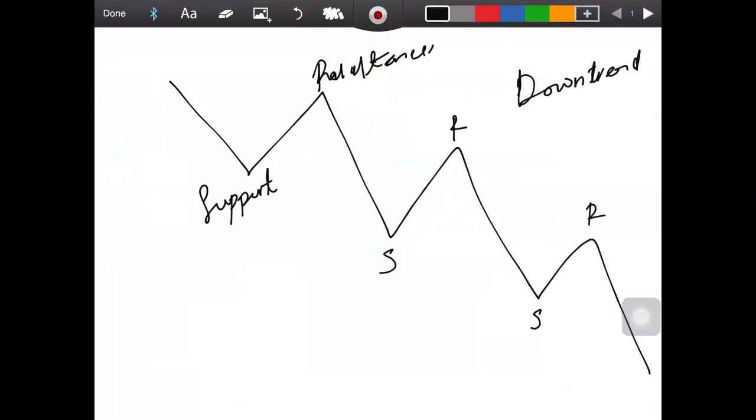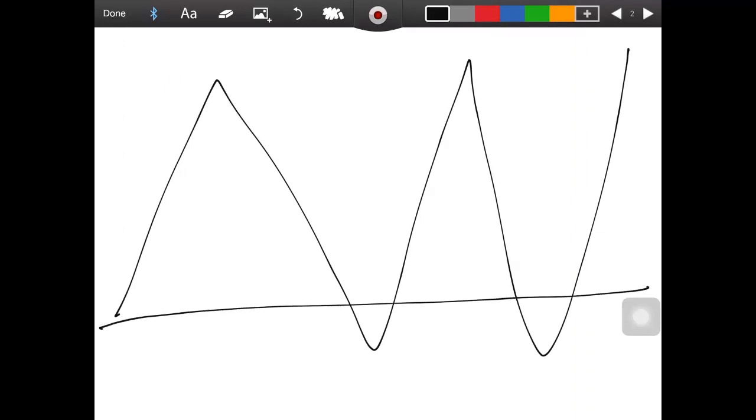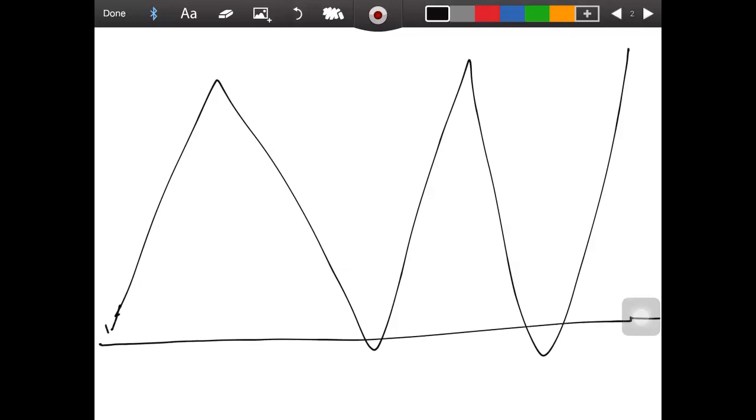Let's look at it on the whiteboard. So up, down, up, down, up. Now your support and resistance may not necessarily be on the same line. They may not be exactly on the same line.